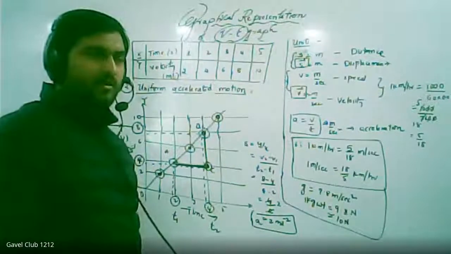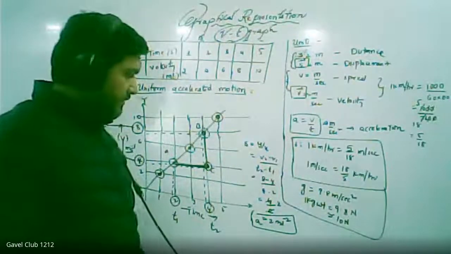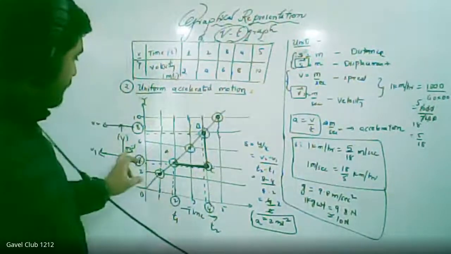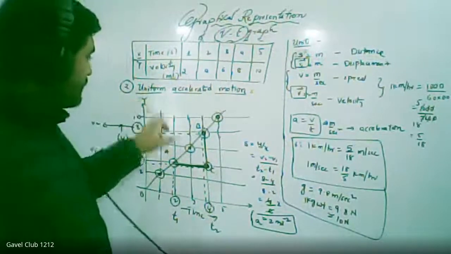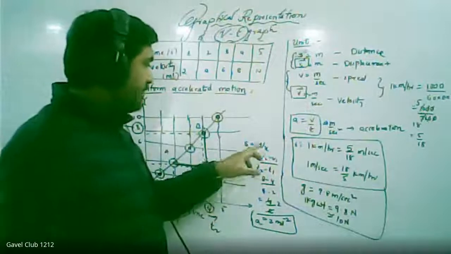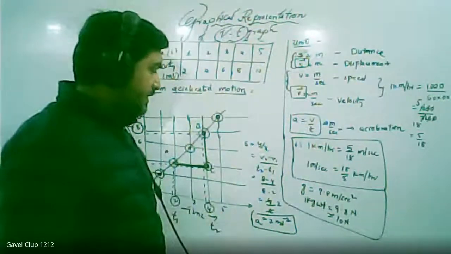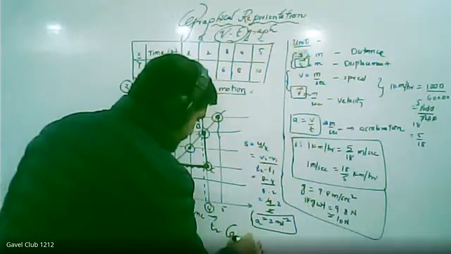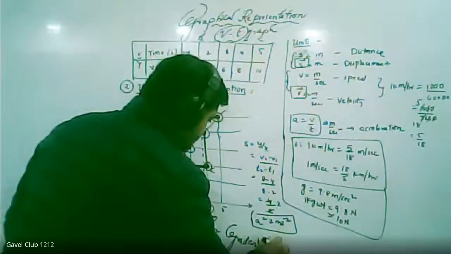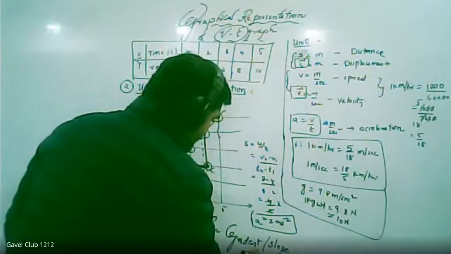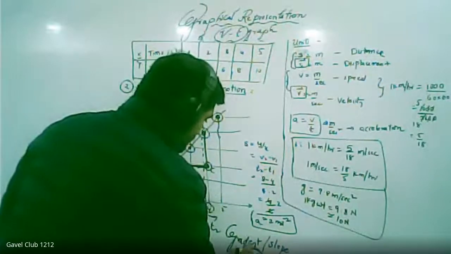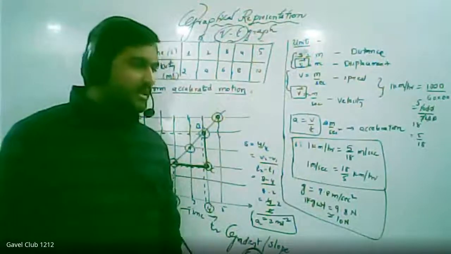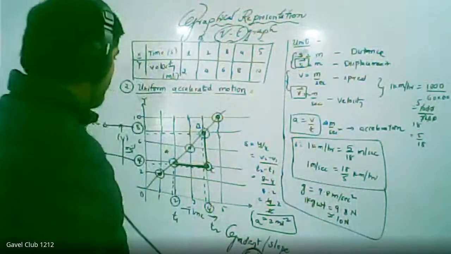Here we are determining the acceleration because it's a velocity-time graph. Y-axis is velocity, x-axis is time. So y by x, velocity by time, is nothing but acceleration. So the gradient or the slope of this graph will give you the acceleration. This is important. The acceleration of an object can be determined with the help of this graph.